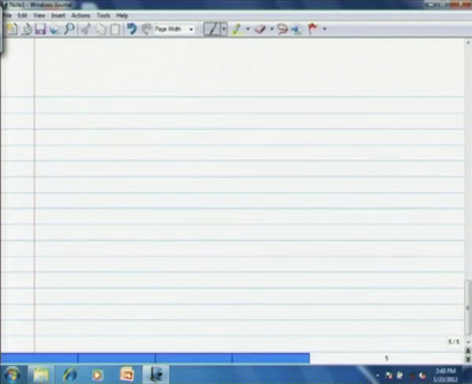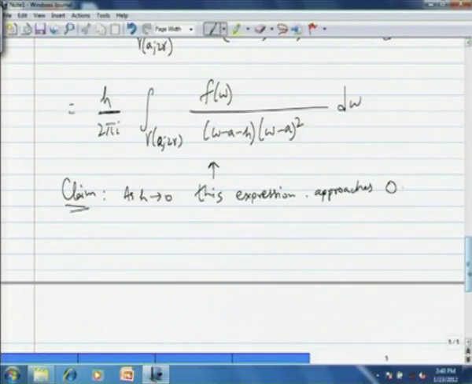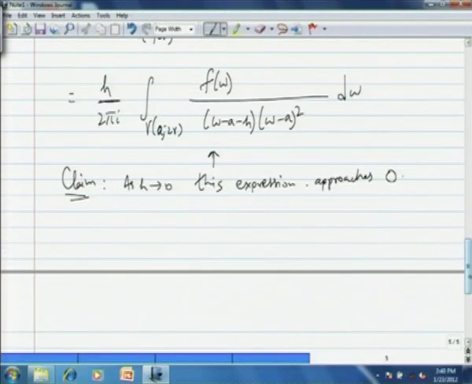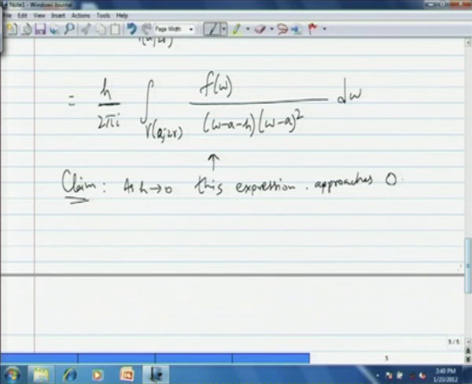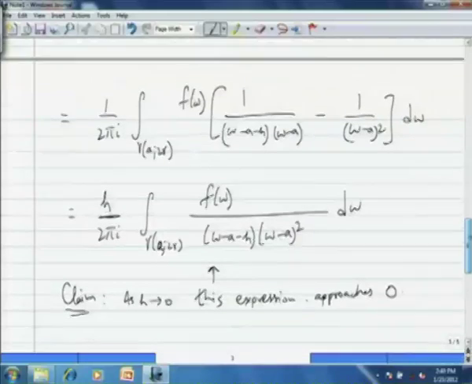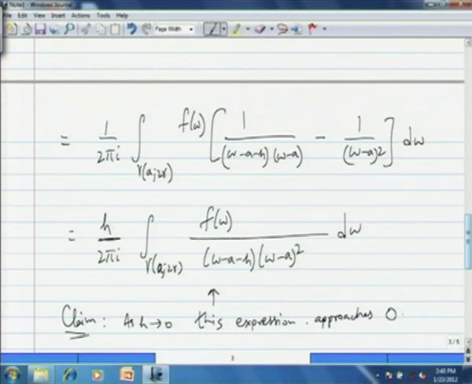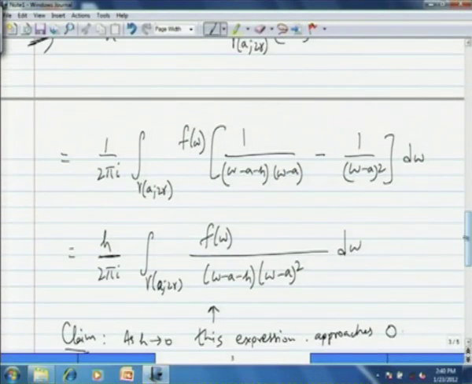So, that is the idea, and in order to prove that it approaches 0, we will use the estimation theorem that we talked about a few sessions ago, and that is a useful tool when you want to estimate something.